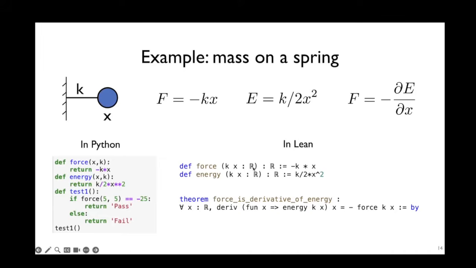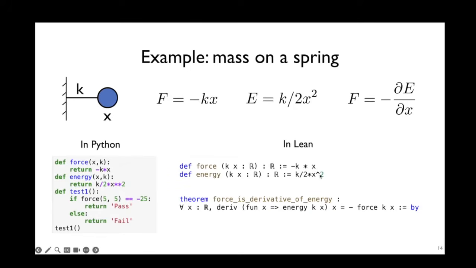They are all the numbers 0, 1, 2, 3, but they also include fractions, and they also include irrational numbers like square root of 2, pi, and so forth. And I'm going to say my force is going to be output as a real number, and it's negative k times x. I could define my energy this way.